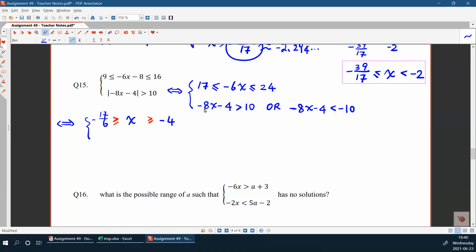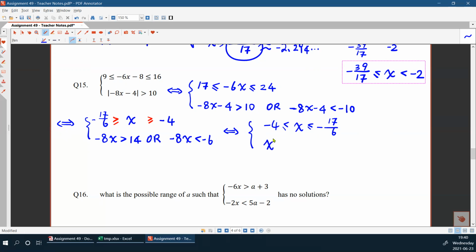Okay, next, -8x - 4 larger than 10 is equivalent to -8x larger than 14, or -8x can also be smaller than -6, right? Okay, this is equivalent to, first of all, x should be greater than -4, smaller than -17/6.